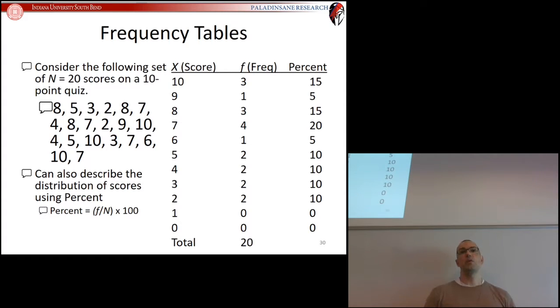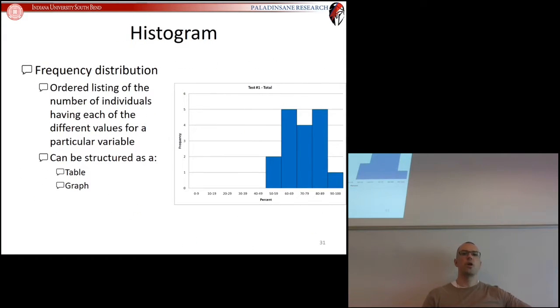However, sometimes you don't want to manipulate numbers. Sometimes you just want to give an impression of the frequency distribution, a very quick understanding of it. In that case, graphs are superior to tables because visually they convey information very, very quickly.